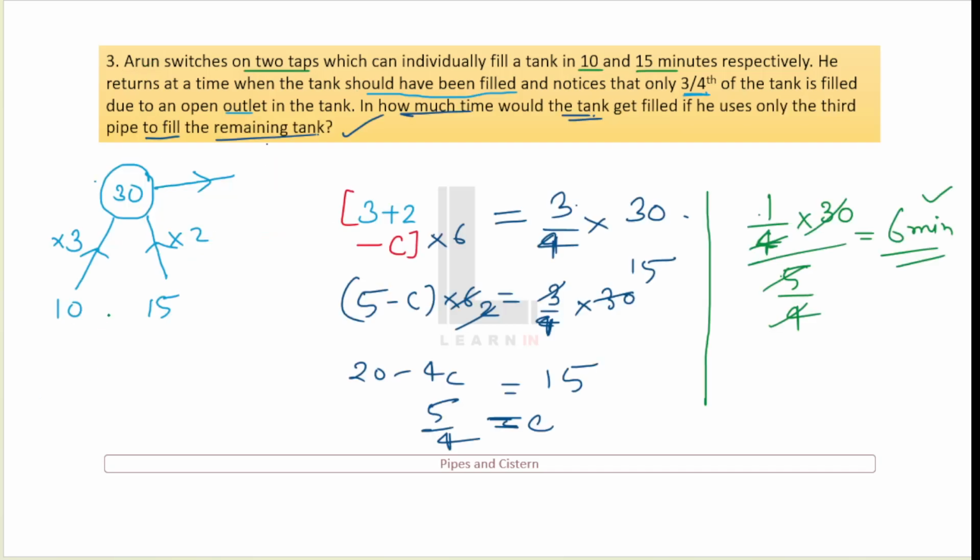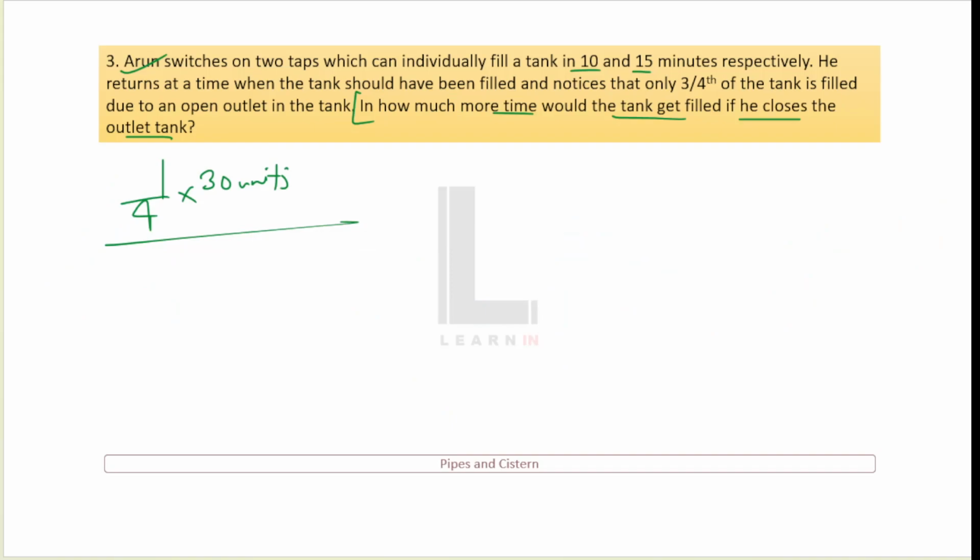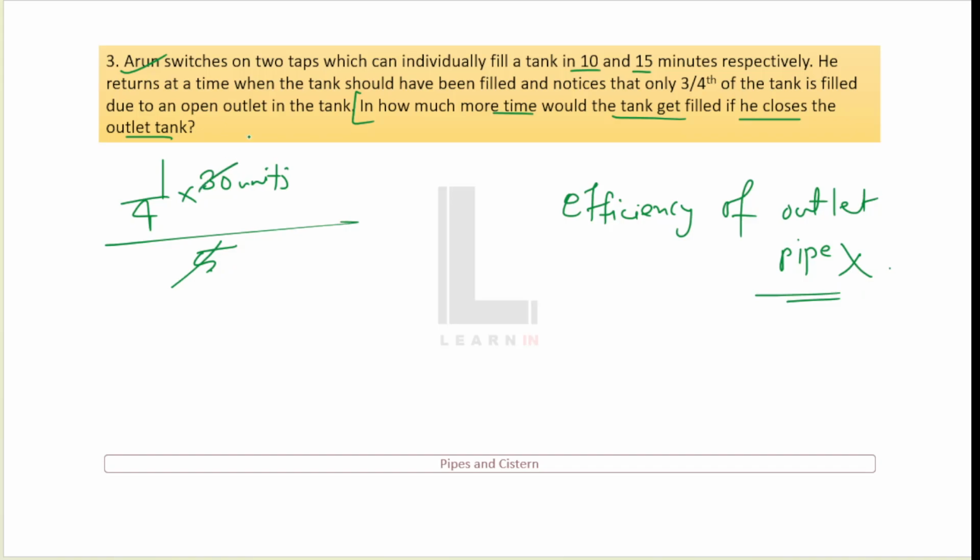We would just divide this by 3 plus 2, that is 5. This is the time that would be taken to fill the tank. If he closes the outlet, we do not need to find the efficiency of the outlet pipe. So this is easy. So 6 upon 4, that is 3 upon 2 minutes would be taken.